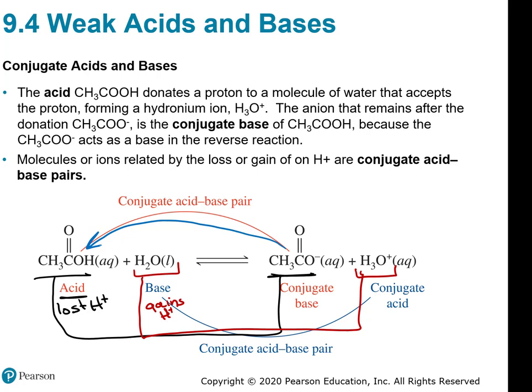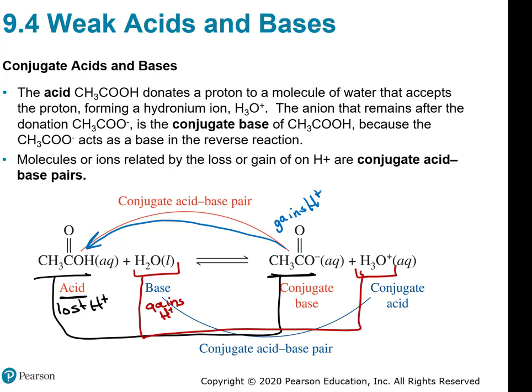So if I look at the product side and think about the reverse reaction, do you see that it gains a hydrogen ion back? So in the forward reaction, the acid loses its hydrogen ion. In the reverse reaction, that product reforms the acid. So since it gains a hydrogen, that's characteristic of a base.